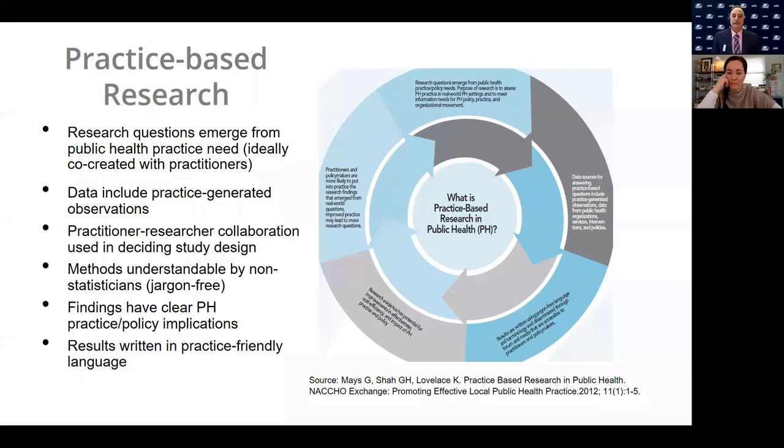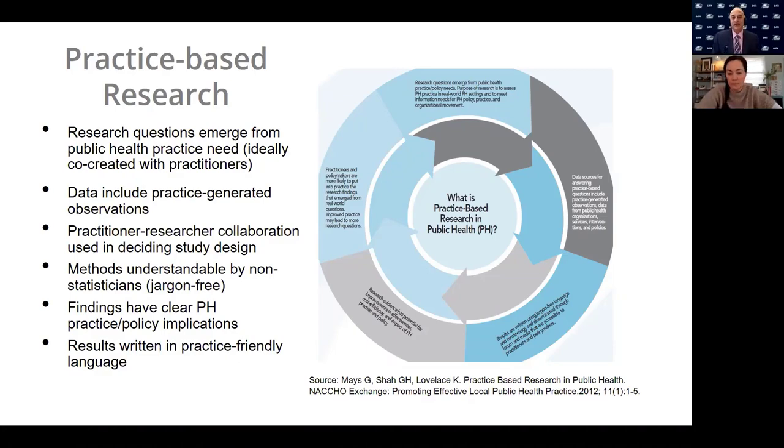So here is some contextual information for some of our slides and to make a connection with the broader topic of practice-based publishing. And this is based on a couple of papers I co-authored with Drs. Glen Mays and Kay Loveless.